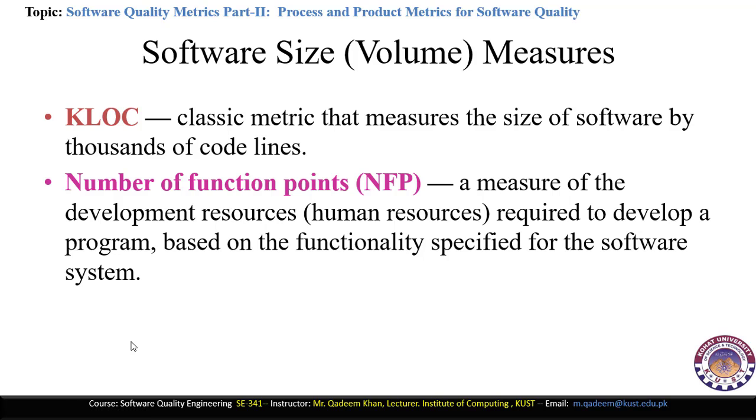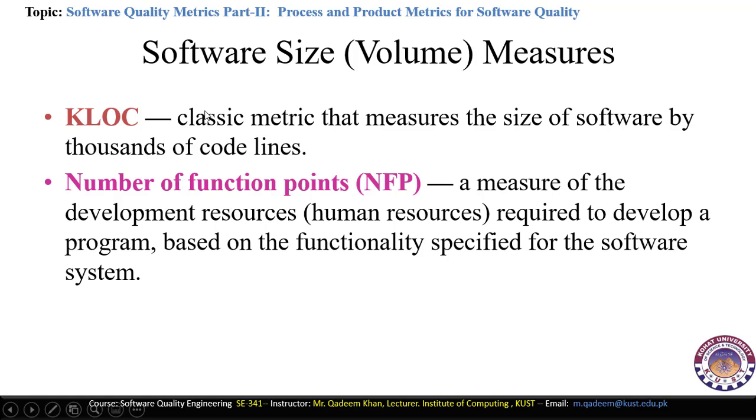software size, which is also called the volume measurements. Basically, we measure the size of the software in the kilo line of code. So, kilo means 1000s. Here we represent the lines of code in terms of KLOC, and that is the program statements. Every interpreter or compiler provides a certain number of statements.